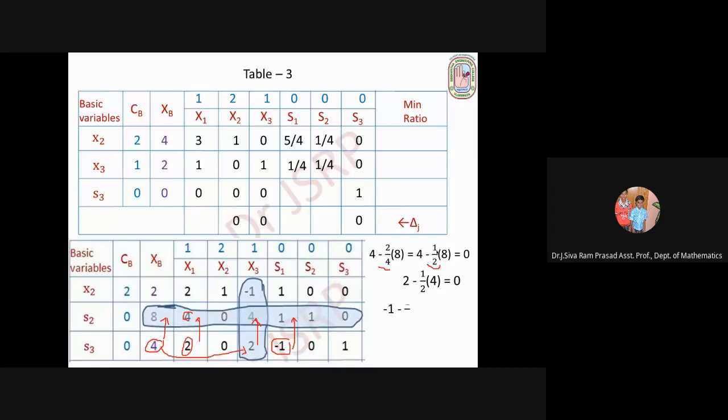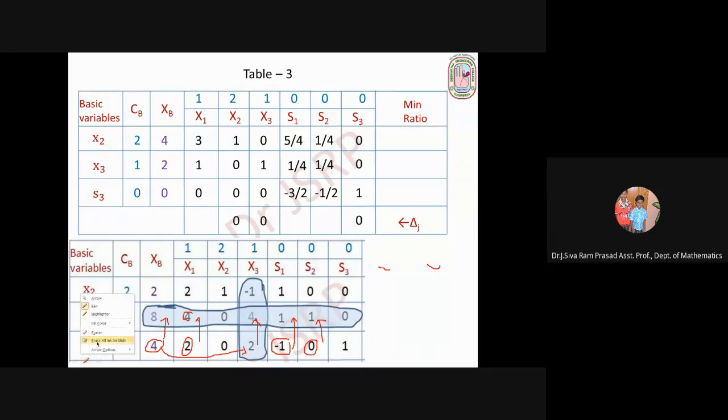Minus 1, minus 1 by 2 into 1. So minus 2, minus 1, minus 3 by 2. This is minus 3 by 2. Next, for S2, present value 0 and pivot row value 1. 0 minus 1 by 2 into 1. That is minus 1 by 2.